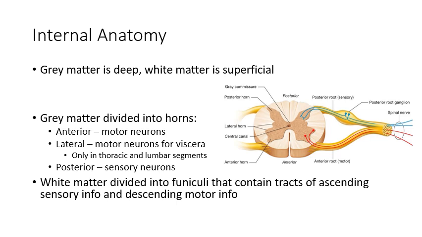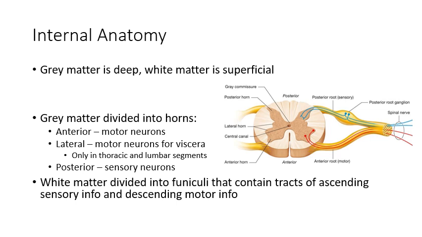So the anterior horn is going to be motor neurons that are going to your skeletal muscles, and then in the lateral horn you would have the motor neurons that are going out to your visceral organs. So those motor neurons would be for the autonomic nervous system. You only see that in certain parts of the spinal cord, only in the thoracic and lumbar regions actually, which is where your sympathetic nervous system exits the spinal cord.